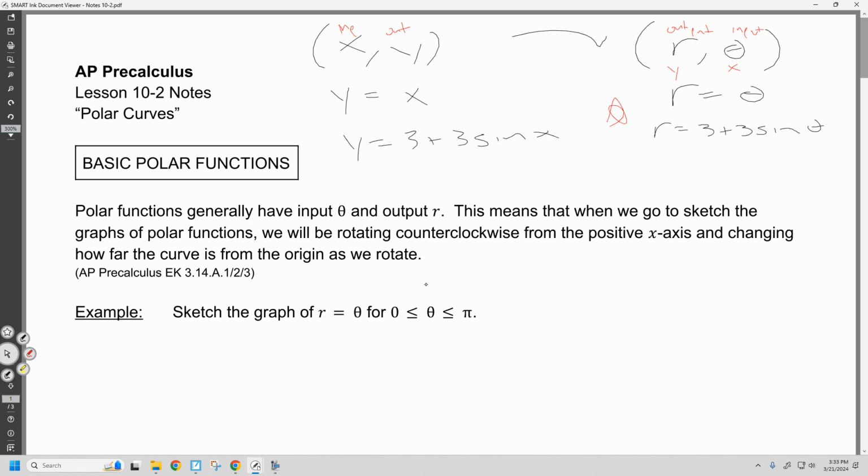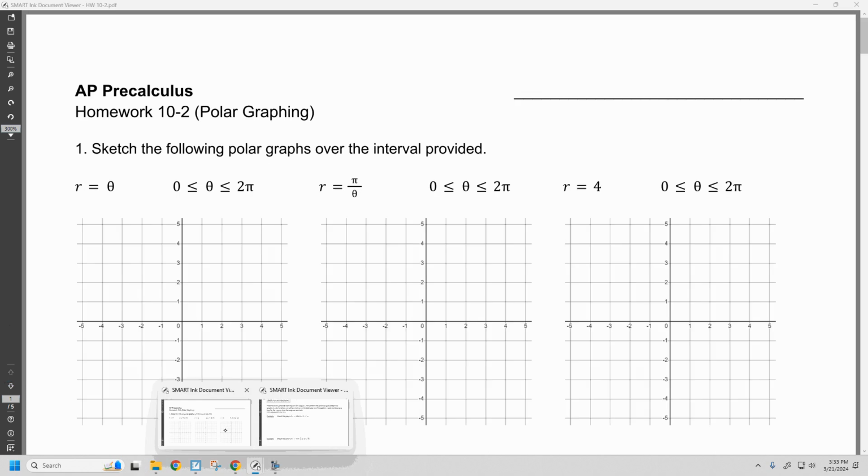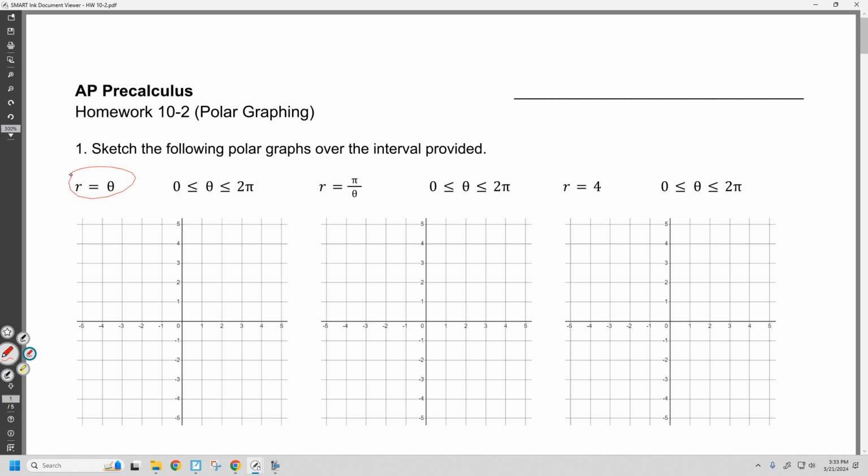So here's how we graph, a very basic understanding. If you look at your homework, we're on a rectangular coordinate system. We don't want you to be perfect, but we ask you to graph r equals theta. Here's what you can do, and here's how you do it.